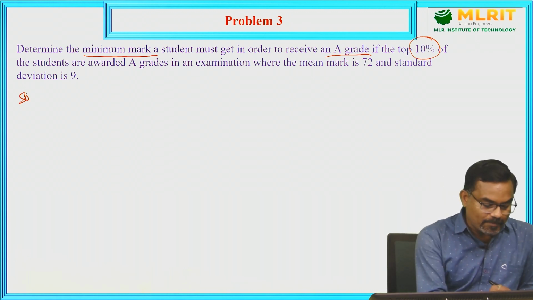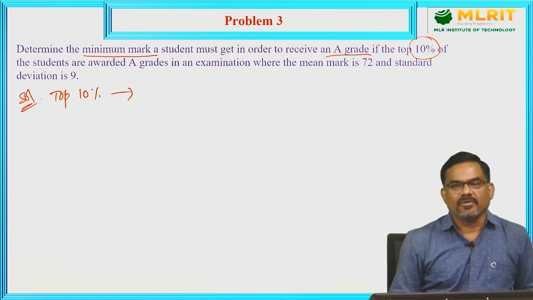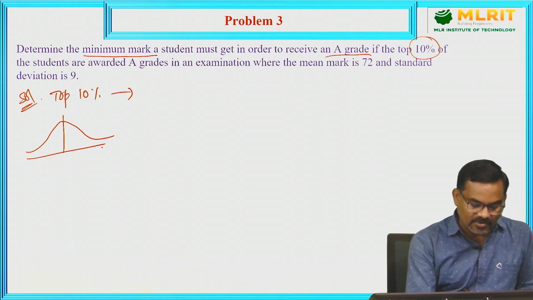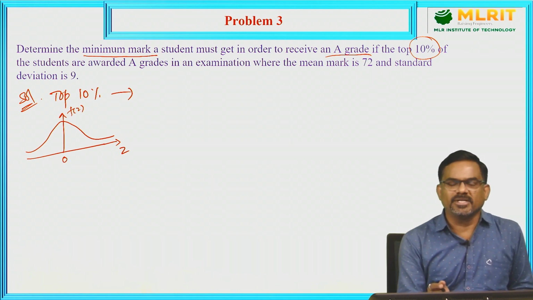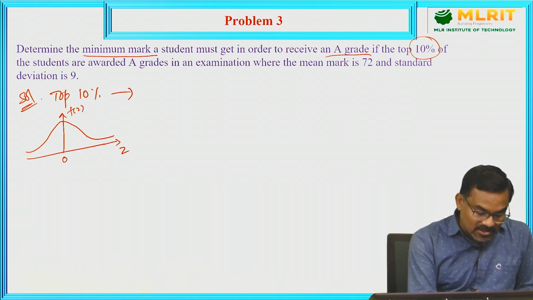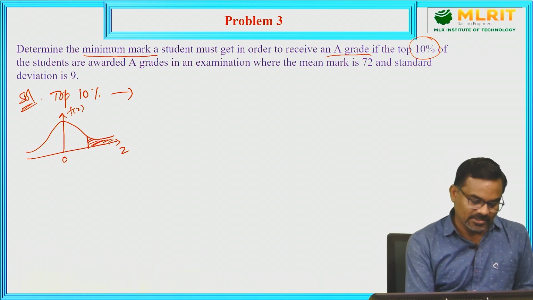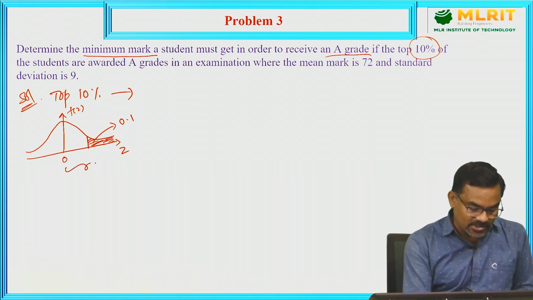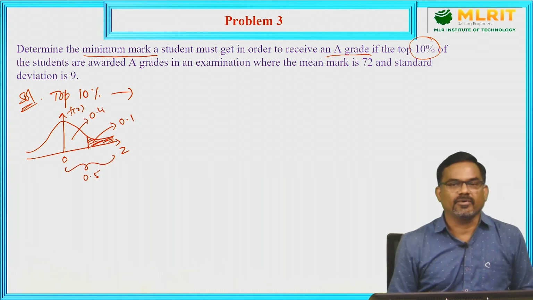So top 10% means where we can denote those students under the normal curve. So this is z, f of z, 0. Top 10% means top 10% lies on the right side tail. So here this is the 10%, 10% means 0.1, and we know that this half is 0.5, so this area will be 0.4.